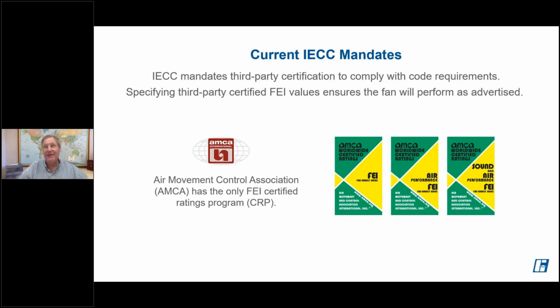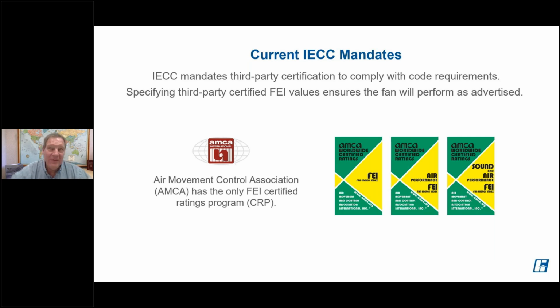AMCA will look at our data and randomly pick a size to be tested. We'll send that fan down to the AMCA labs. They will put it on their chamber and verify that the fan performs to the performance levels that we're planning to publish to the marketplace. So there's an independent third-party process involved with verifying the manufacturer's data.